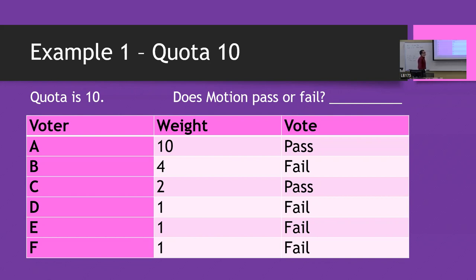Now that means that a voter like voter C is a dummy voter. No matter what C votes for or against, it really doesn't matter. There's no way that C can change the outcome of a vote. So C is a dummy voter here, right?